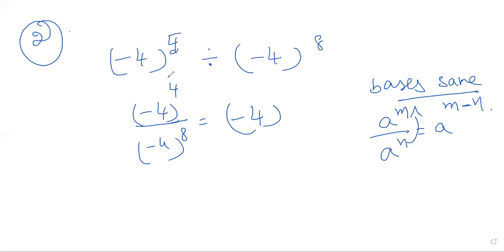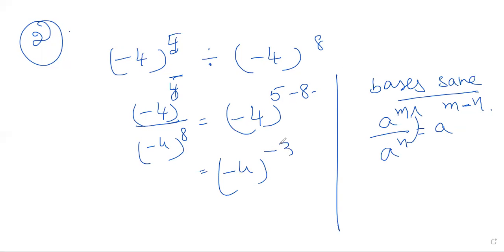Sorry, it is 4. Minus 4 to the power of 4. Bring this 8 to the numerator. It becomes minus 8. So 4 minus 8. 4 minus 8 is how much? Minus 4. That is equal to, see, the power is negative here, so to make it positive, what should we do? 1 by minus 4 whole cube.